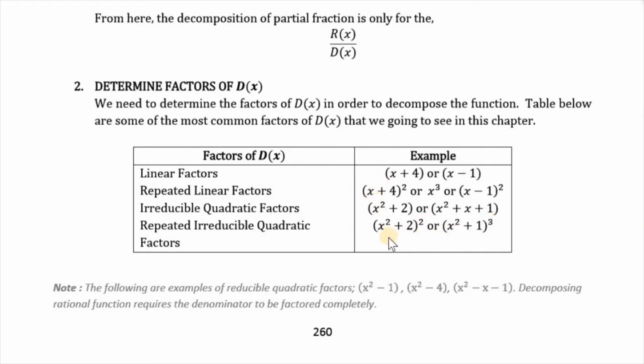So there are 4 cases that we have to look into. Like this one, x squared minus 1, you can actually factorize further. Or x squared minus x minus 1, you should factorize further. So your denominator has to be in the form of factors.